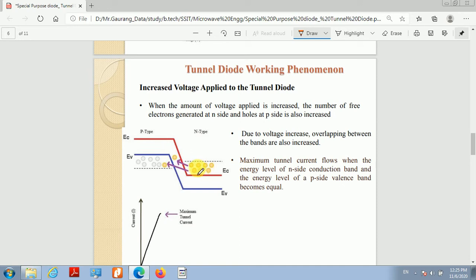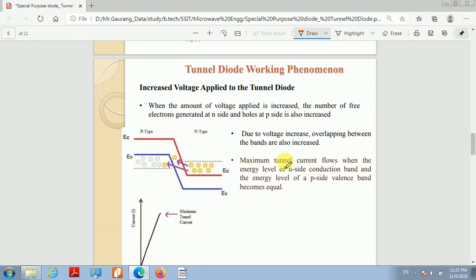So more electrons are crossing the junction, tunneling through it and reaching the p-type material, and because of that the maximum tunnel current will be observed.